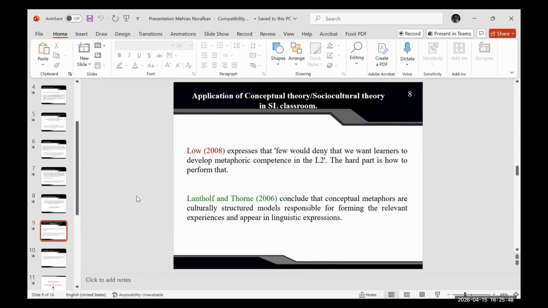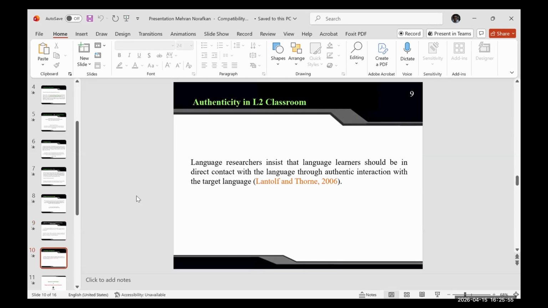So now the question is how to help language learners with the development of their conceptual learning. Here, one of the key answers is authenticity in the L2 classroom. Language researchers insist that language learners should be in direct contact with the language through authentic interaction with the target language.